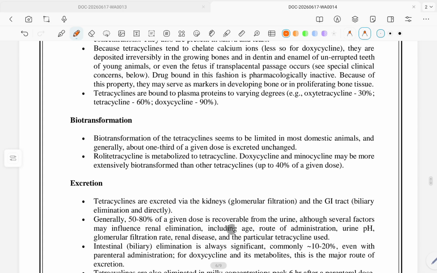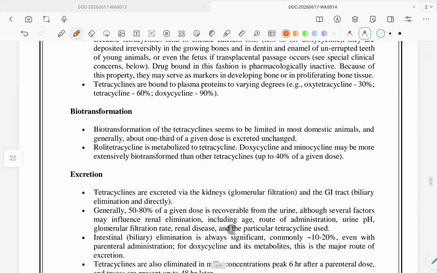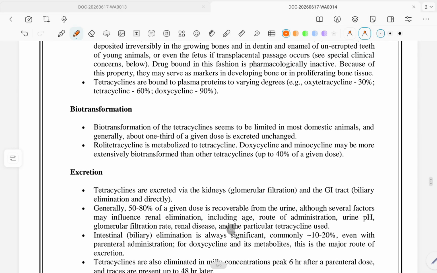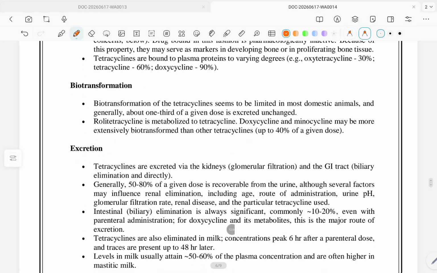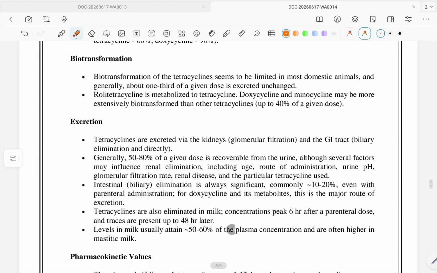Tetracyclines are bound to plasma protein to varying degrees. Example: oxytetracycline 30%, tetracycline 60%, doxycycline 90%. Biotransformation of the tetracyclines seems to be limited in most domestic animals, and generally about 1/3 of a given dose is excreted unchanged.